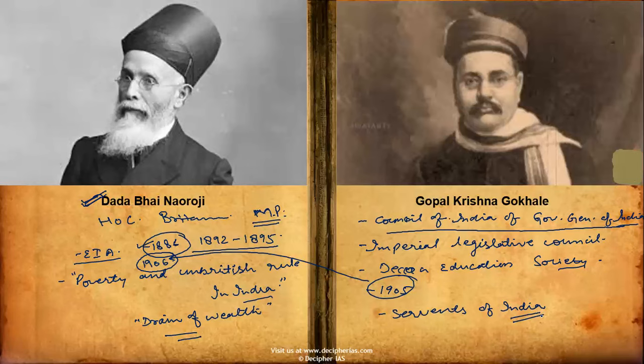Despite his deep respect for Gokhaleji, however, Gandhiji would reject Gokhale's faith in Western institutions as a means of achieving political reforms, and ultimately Gandhiji chose not to become a member.